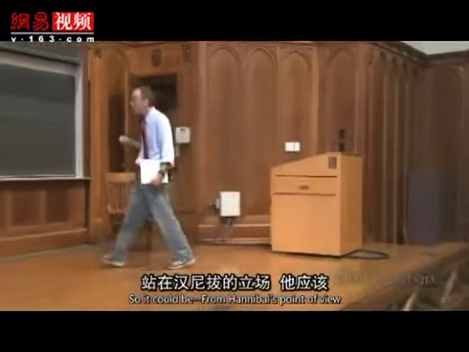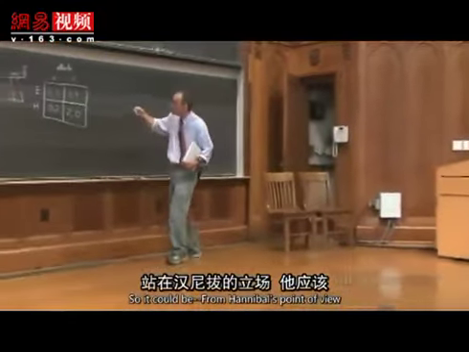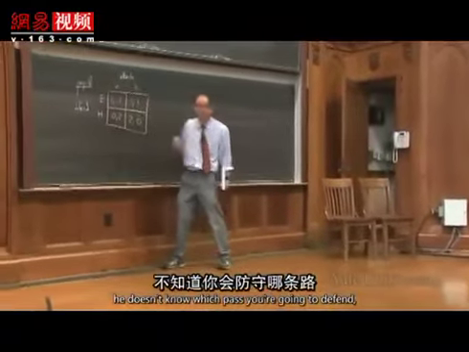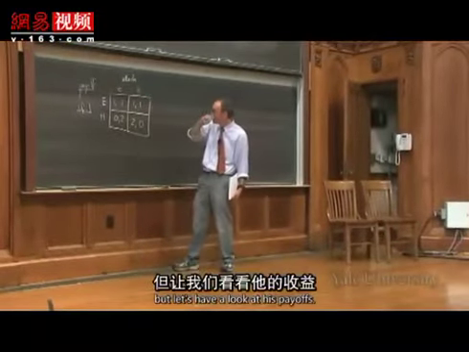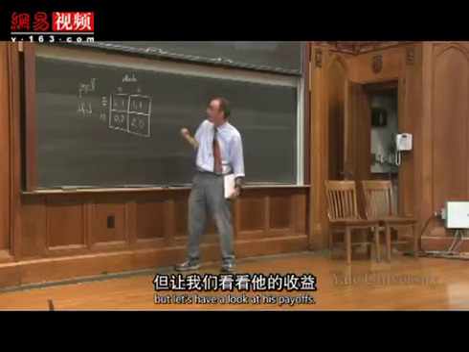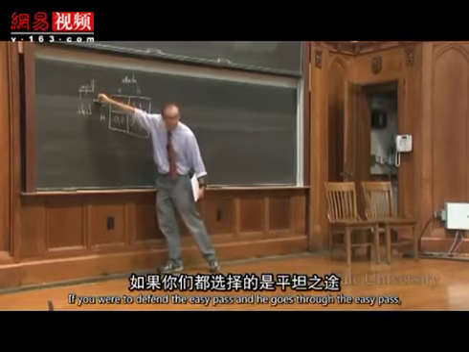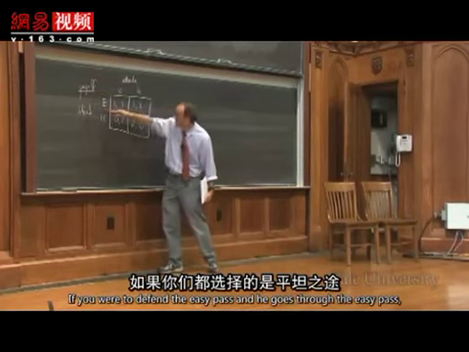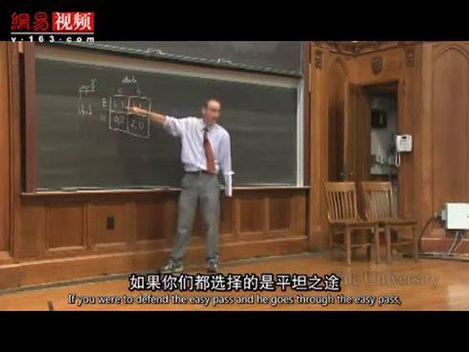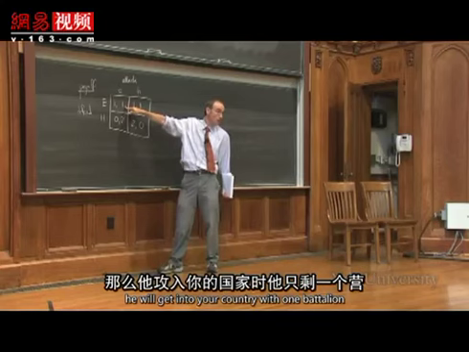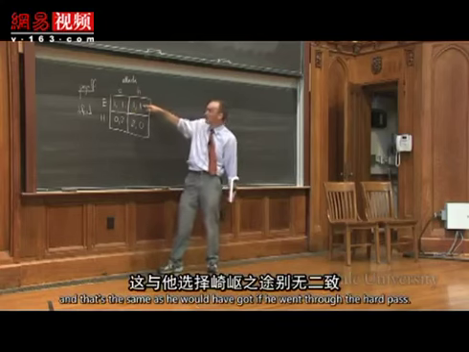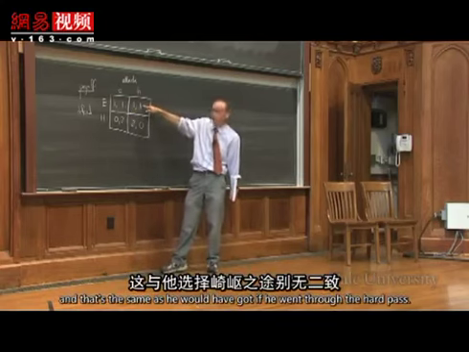All right, so from Hannibal's point of view, he doesn't know which pass you're going to defend. But let's have a look at his payoffs. If you were to defend the easy pass, and he goes through the easy pass, he will get into your country with 1 battalion, and that's the same as he would have got if he went through the hard pass.